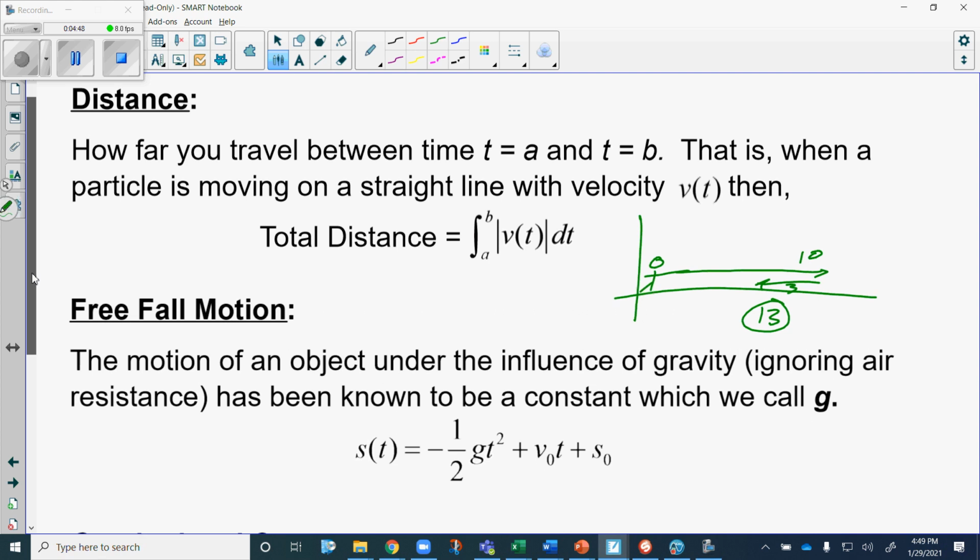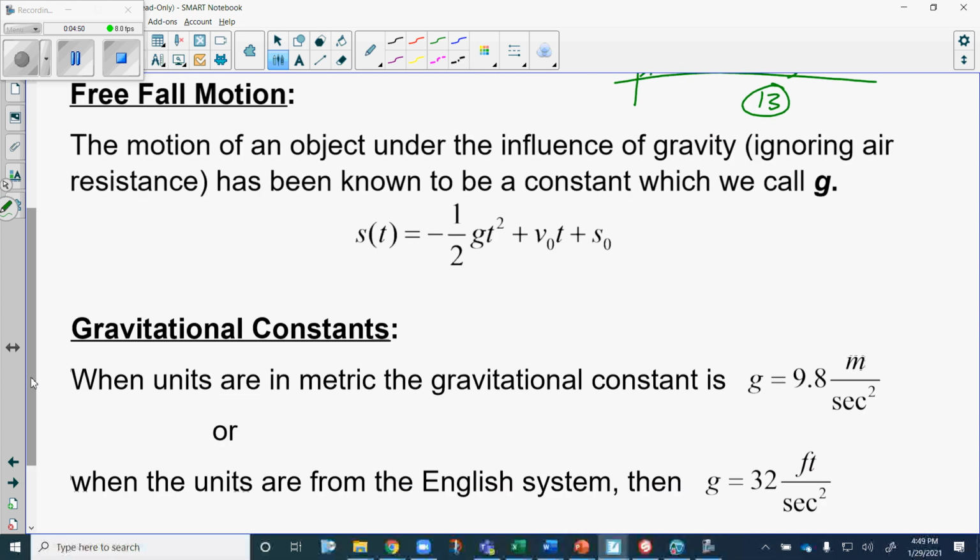Free fall motion is something that you've seen in lots of other classes, Algebra 2, Physics. This is just going to describe, imagine you take something and you throw it in the air. It follows this kind of parabolic arc, and we wind up with a function like this where g is the gravitational constant of whatever planet you're on, in this case Earth.